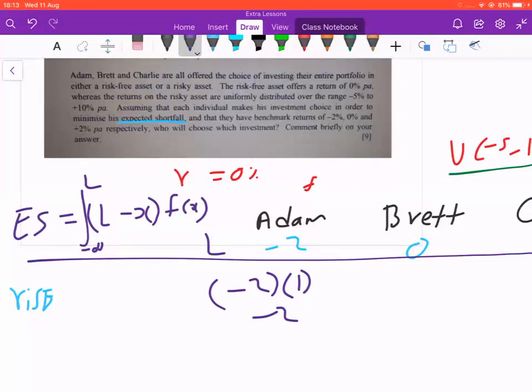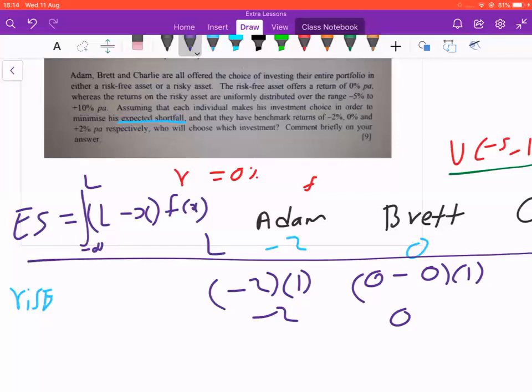Then for the second one, the shortfall is going to be 0 minus 0 times 1, so the answer is 0. This is in terms of expected shortfall, I am not calculating shortfall probability.